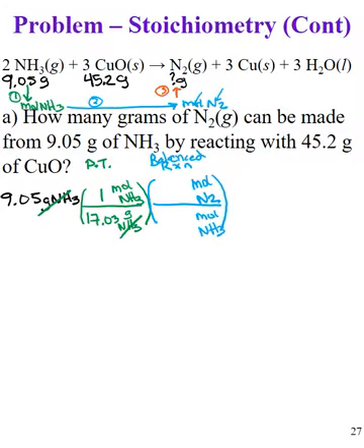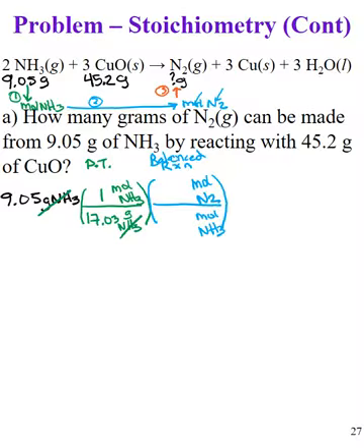Hydrogens: how many hydrogens are on the left? 6 on the left because 2 times 3, and also 6 on the right because of 3 times 2. And then the last one we have is oxygens. On the left side we have 3 oxygens because 3 times 1, and then on the right we have 3 as well. So it's already balanced, so we're good.